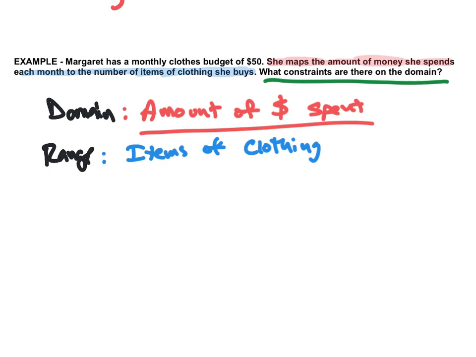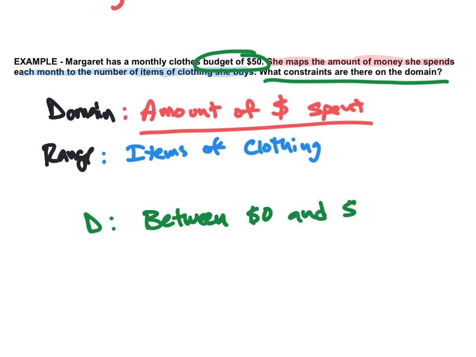And what we know is that Margaret has a budget of $50. So what we can say is that our domain has to be between $0 and $50. And how we would write that is as an inequality. We would say that x has to be greater than or equal to 0, but at the same time less than or equal to 50. All right, and that's the idea.